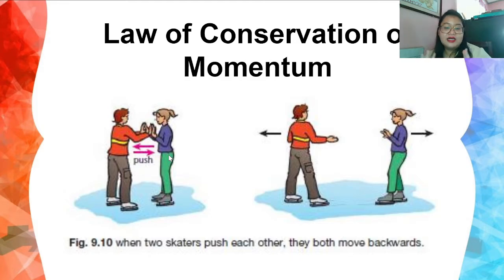Now, ang tendency, pagtulak nila ngayon dun sa bawat isa, when they push each other, okay, ang mangyayari ngayon, makikita ninyo yung scenario number 2, in which they both move backwards. Okay? So, ibig sabihin, equal yung momentum nila, therefore, pareho ngayon yung movement nila, pero in opposite direction.